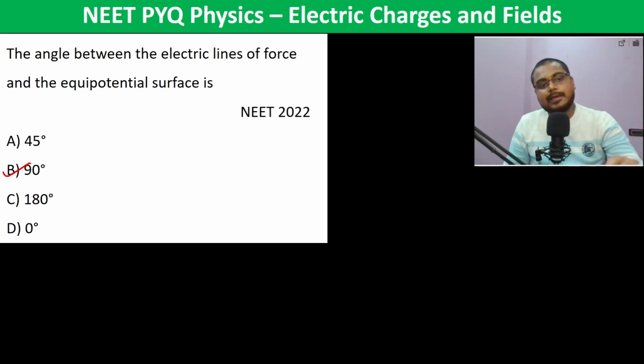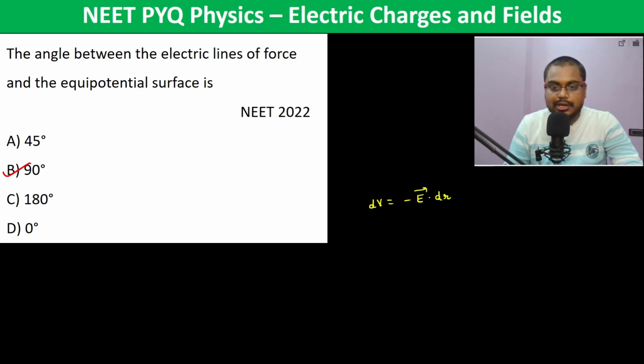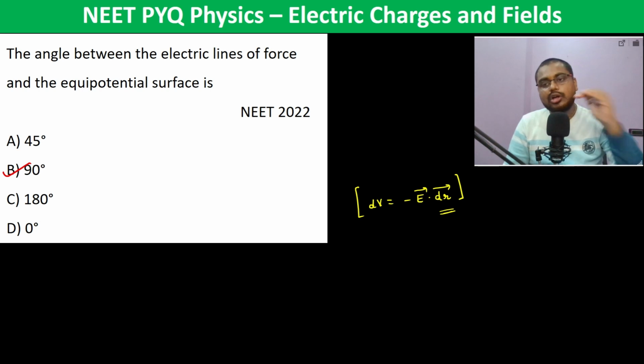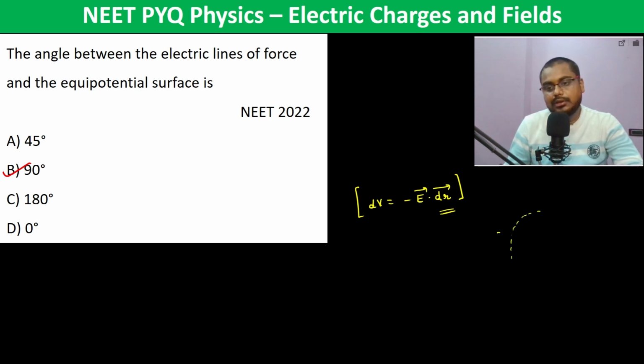So an equipotential surface is a surface where the potential is going to be constant. Okay, so dV is equal to minus E dot dr. This is the relationship. So if we move on the surface, let us say for a spherical surface, and the charge is kept at the center q.